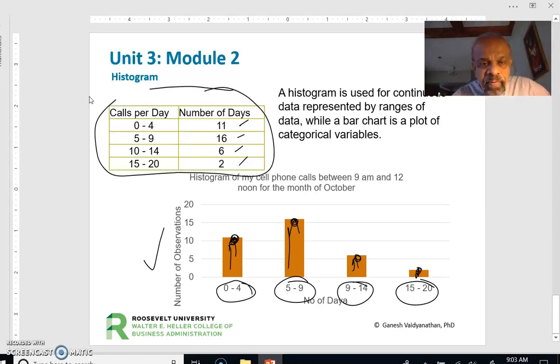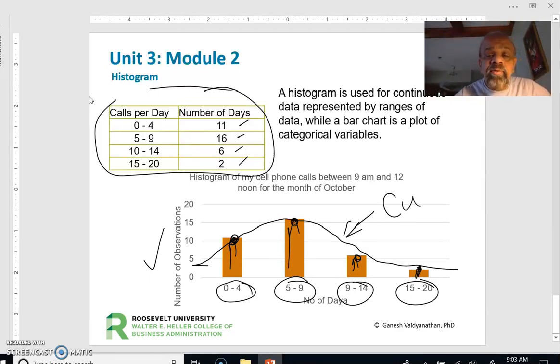And for 15 to 20 calls per day, I'm having only 2 days, right? So I can draw this like this, and this is my curve. This is my actual frequency distribution curve.